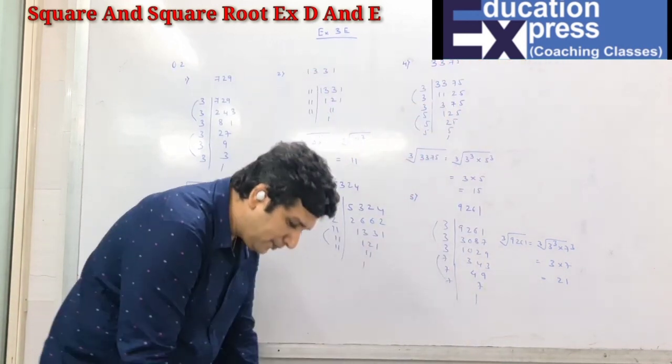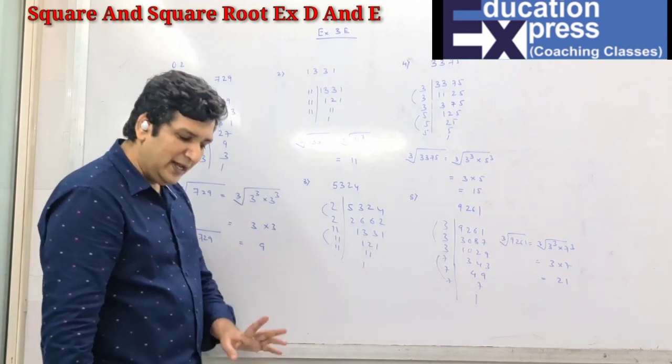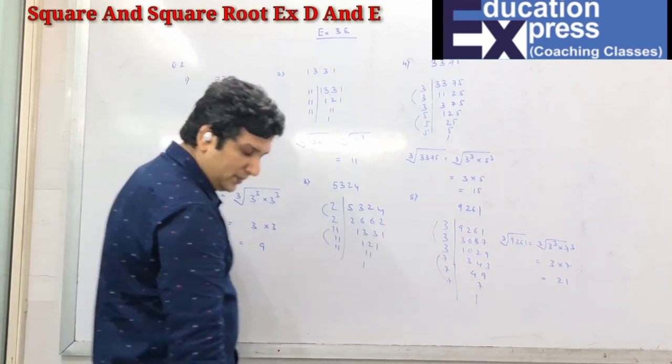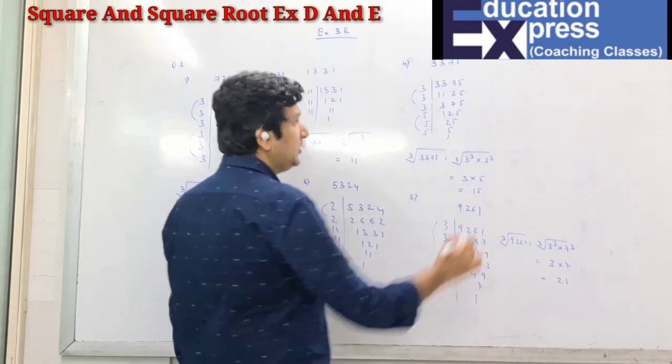Part 6, 5832. Now I'll do 6 and 8. Part 7 you all try by yourself. They all are same only. The 6th part is 5832.